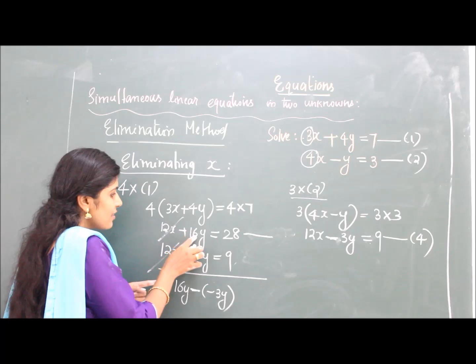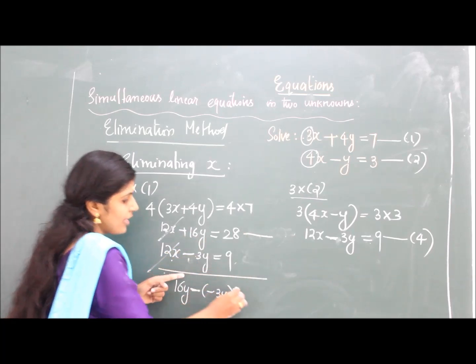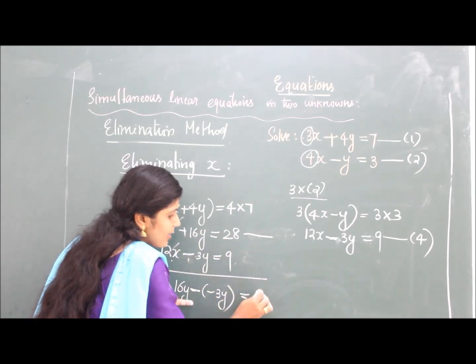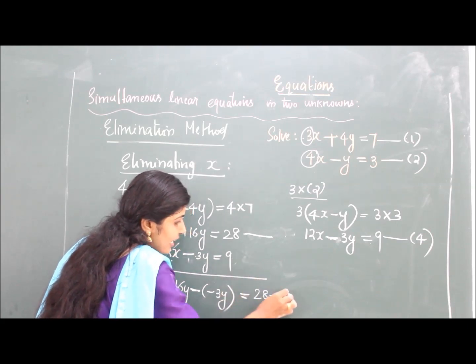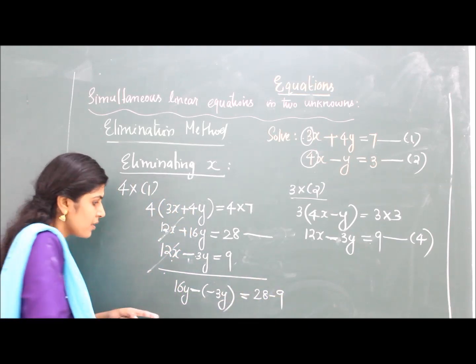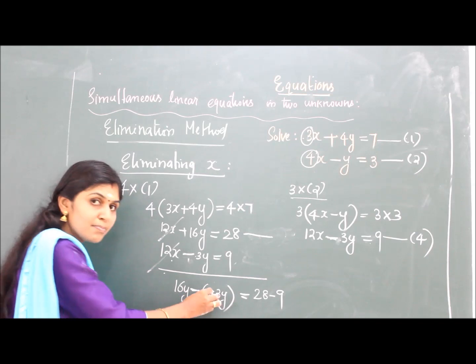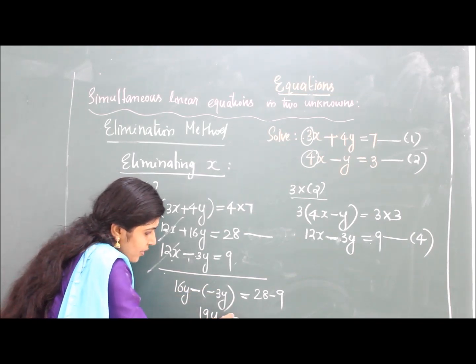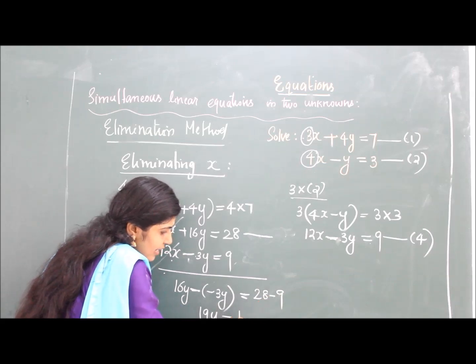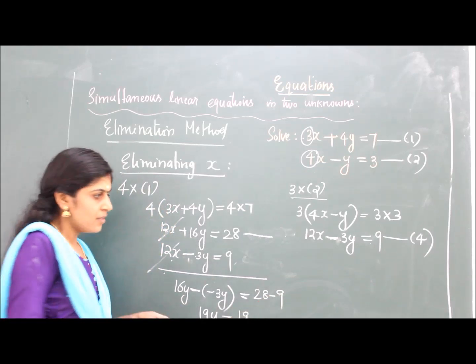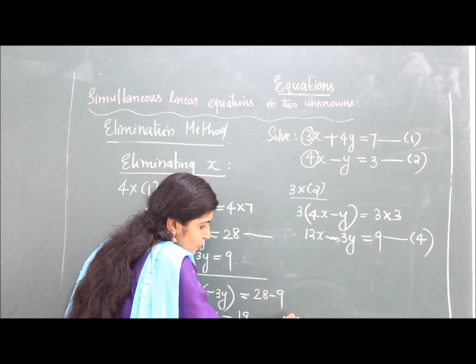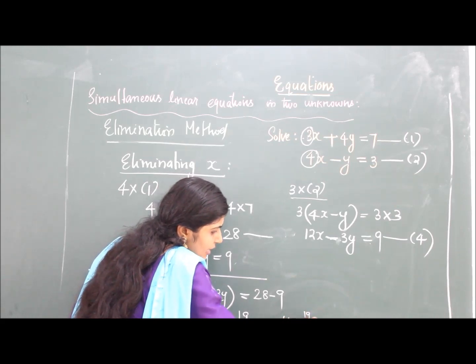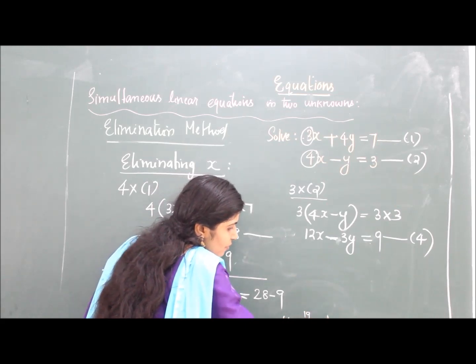Okay, so 16y minus 3y is equal to 28 minus 9. So 16y minus of minus is plus. So 16y plus 3y gives 19y is equal to 28 minus 9 is again 19. So what can you say about y? Therefore y is equal to 19 by 19, which is 1.